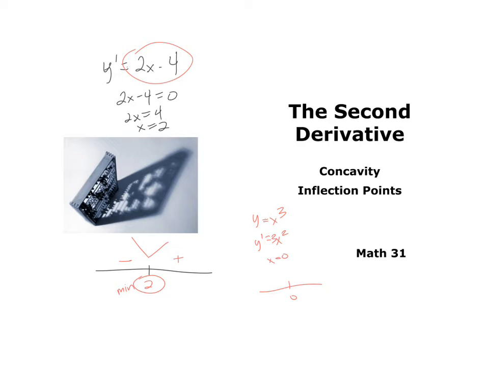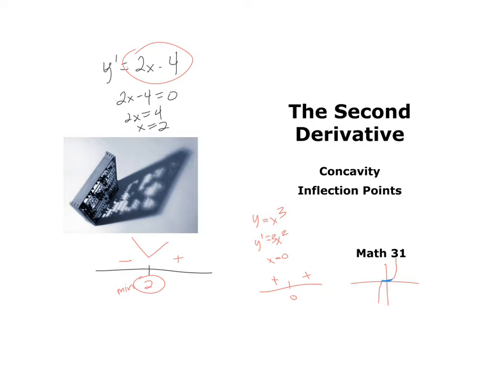But if we do our test points for this one, we would have positive on both sides. So what that means is 0 is not a max or a min, it's just a place where the slope is equal to 0. If we look at a cubic graph, we can see that our slope is indeed 0 at the origin, but it's not a max or a minimum.